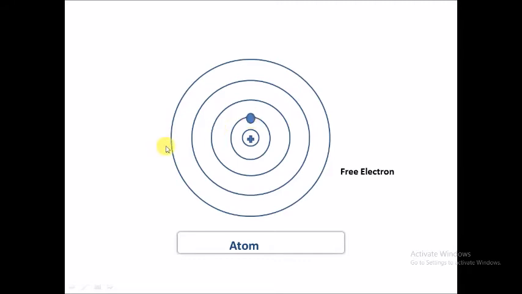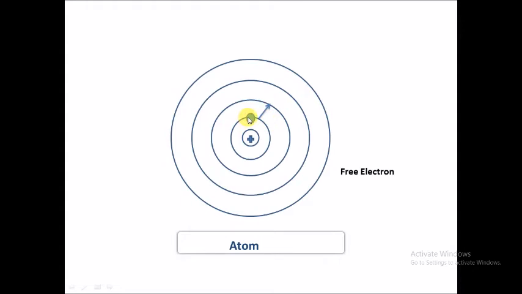Now suppose I provide some extra, external energy to this atom or this electron. This electron will absorb that energy and go to the excited state. It will go to the first excited state by absorbing energy. At this stage, its energy will be 10 electron volts, because here it was 5 electron volts.